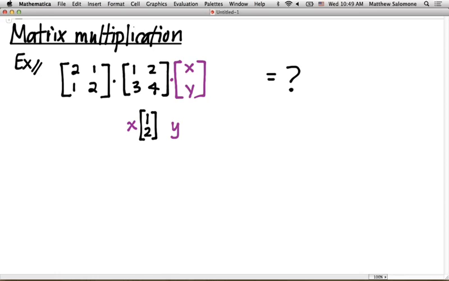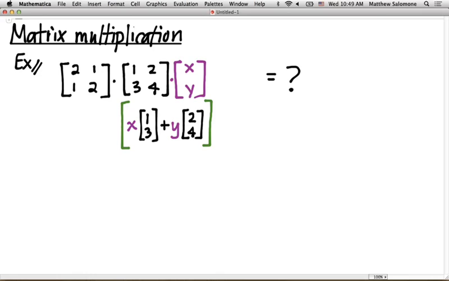So x times the vector 1, 2, the first column, 1, 3, and y times 2, 4, and then add those together. And I'm actually going to not make that any simpler for the moment. I'm going to leave that just as it is. And then maybe I'll make a second copy of it off to the side.